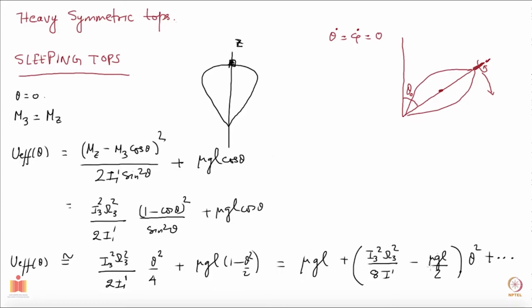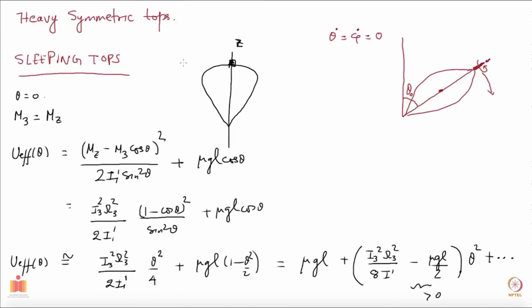So we have to ensure that this is greater than 0, which means the condition for stability, okay, is omega 3 square greater than 4 mu gl I1 prime over I3 square.